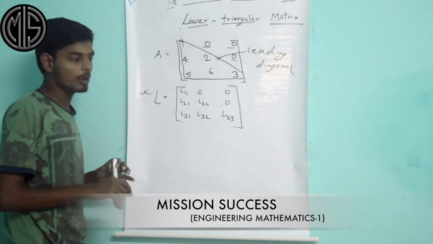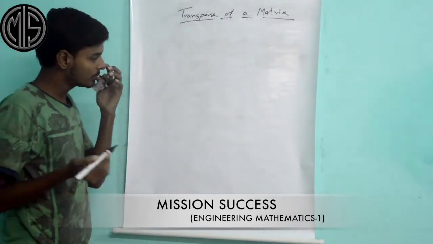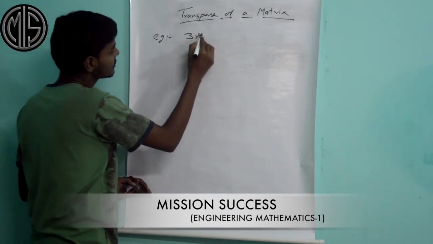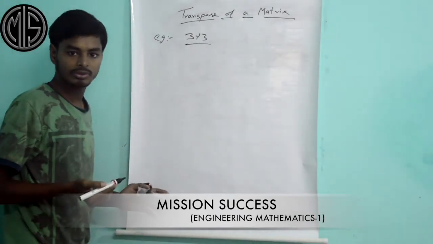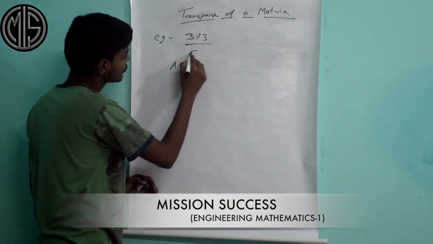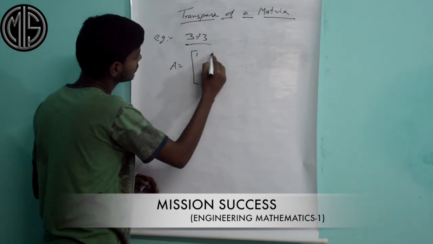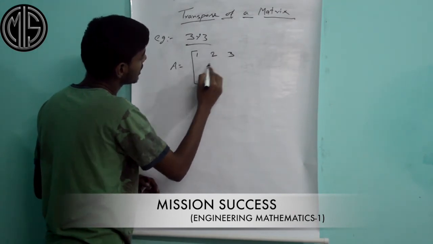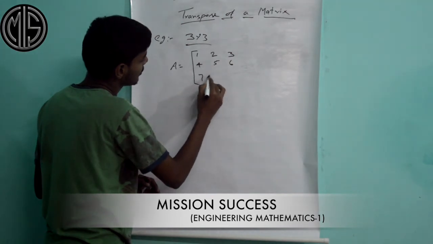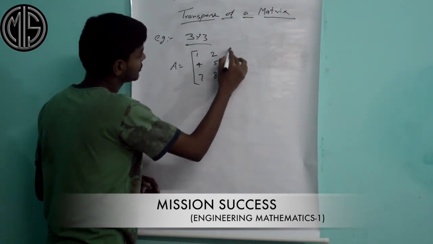Now, transpose of a matrix. Suppose, take one 3 by 3 matrix. Example, let matrix A is equal to 1, 2, 3, 4, 5, 6, 7, 8, 9.